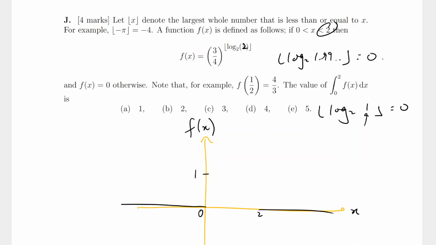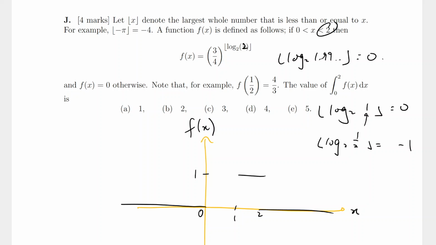So this phenomenon lasts until 1. Now let's think about the range of values such that the floor is negative 1. What's the lowest we can go? The lowest is log base 2 of 1/2, because 2 to the negative 1 is 1/2.